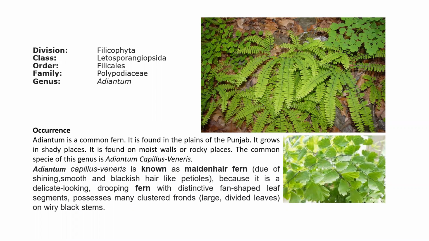Due to the presence of their shiny, smooth, blackish hair-like petioles, actually the rachis of the Adiantum, they look like hair-like, blackish, shiny structures, and due to the delicate drooping fern with distinctive fan-like leaves.